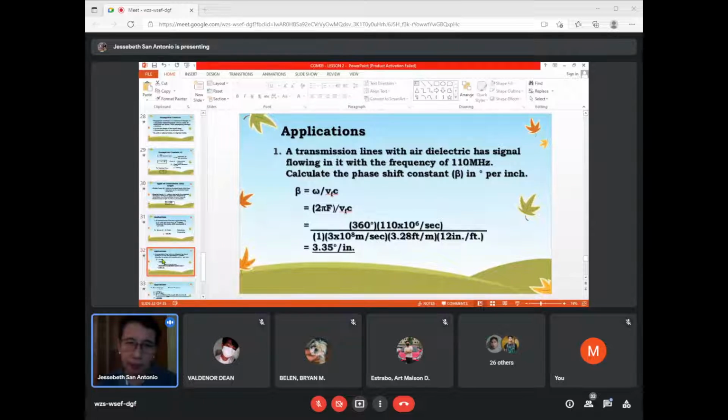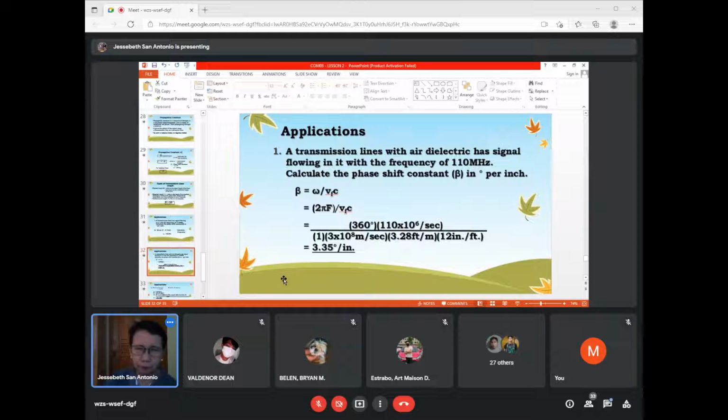The answer for number 1. So, you're asked for the beta. Tama si Mr. Valdinor. 3.35 degrees per inch. Direct substitution lang naman. So, you get a plus there.